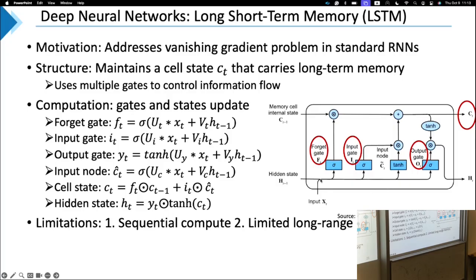Let's say you have input X put in here, you process all this computation, and you get the hidden state and cell state. You pass the hidden state and cell state to the next step, so the current step depends on all the previous steps. This is inefficient in terms of computer systems because we are not able to increase the parallelism for processing. So these are the two limitations in recurrent neural networks.